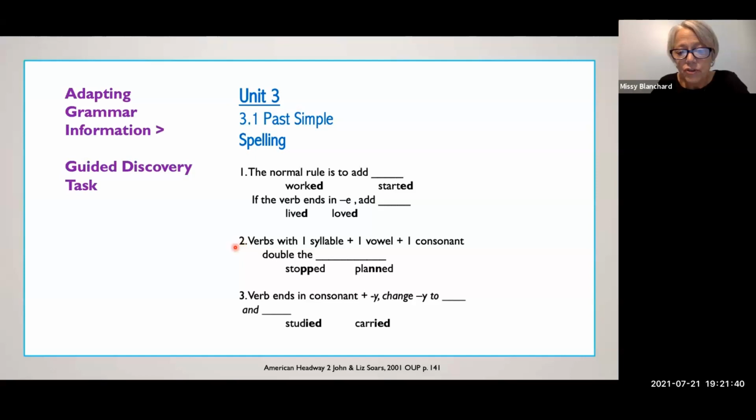The same is true for number 2 and number 3. We're all familiar with that rule about verb ends in a consonant, change the Y to I, add ED, and we can see that that has happened in these two words below. So again, we've adapted some grammar information, turned it into a guided discovery activity for the students to do.